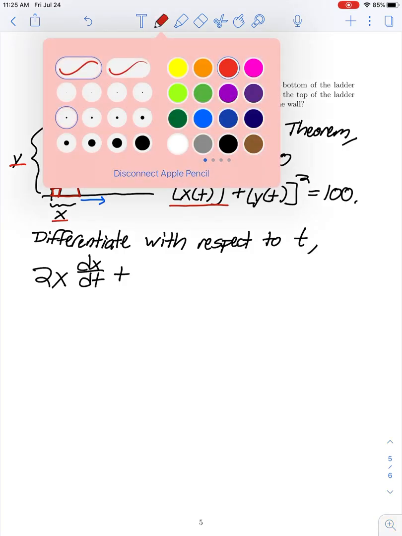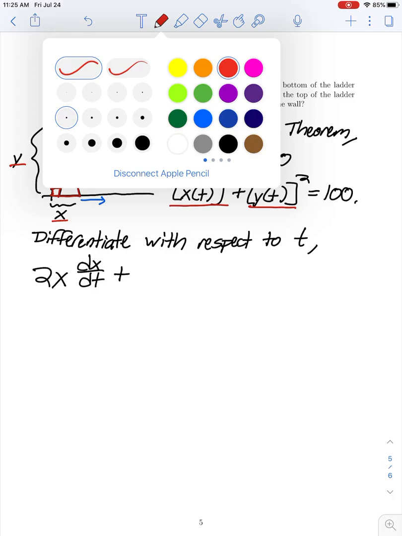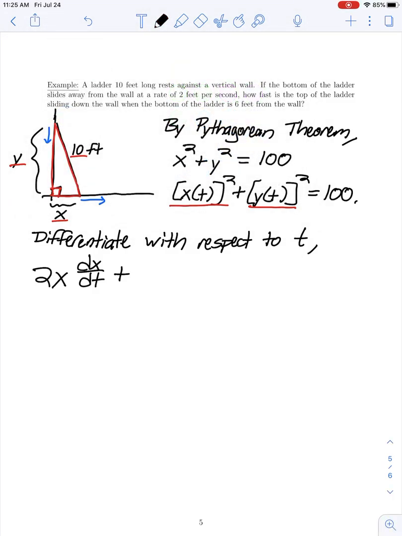Then we're adding, for our next term, y of t, quantity squared. So again, using the chain rule, the derivative of our outer function would be 2y to the first times the derivative of the inner function y with respect to time. And that's equal to, on our right-hand side, a constant 100. So the derivative of any constant is 0.